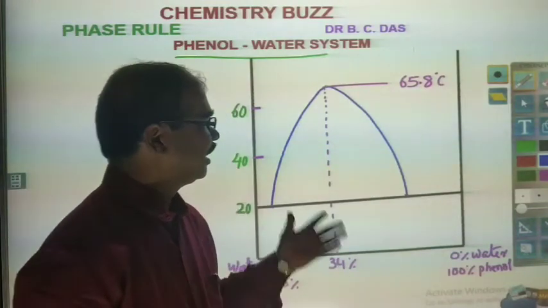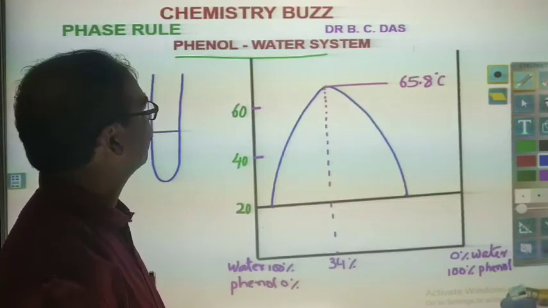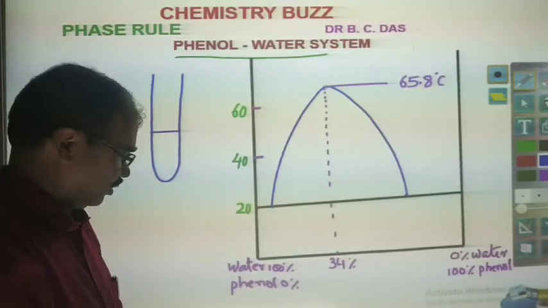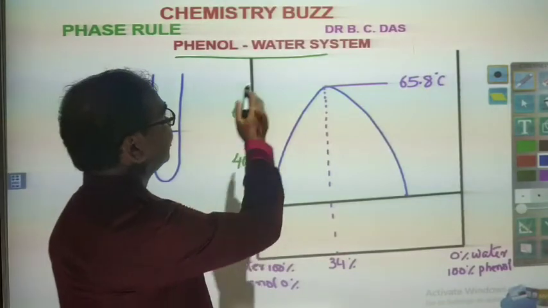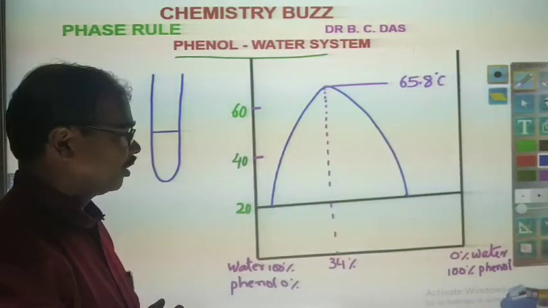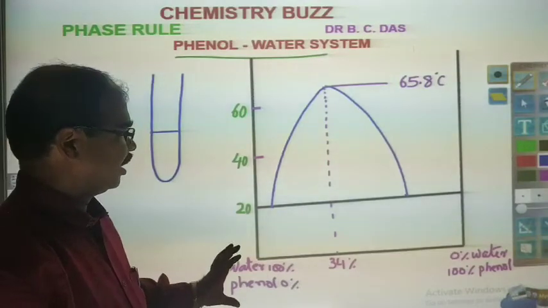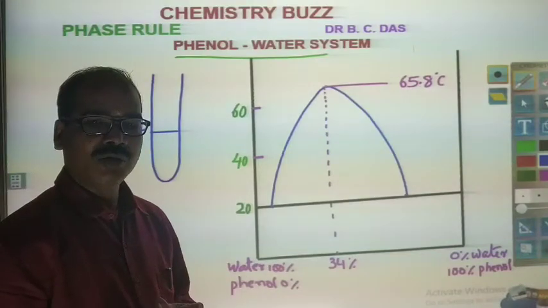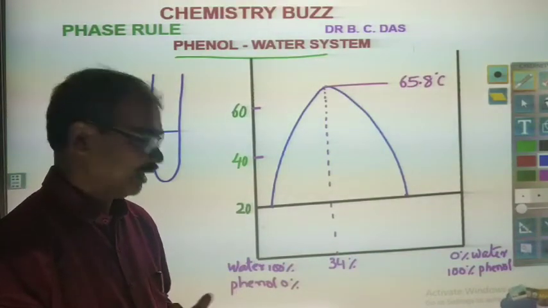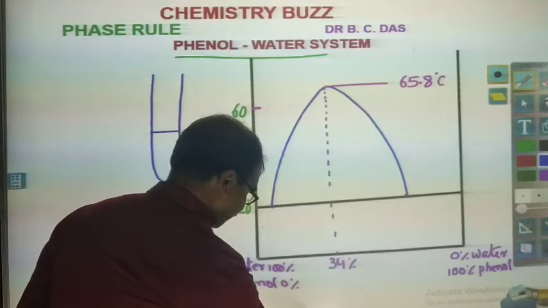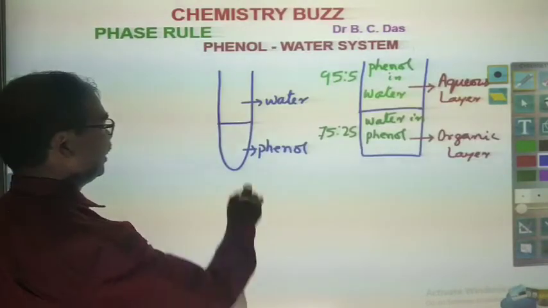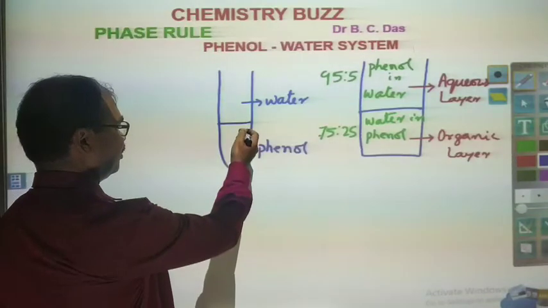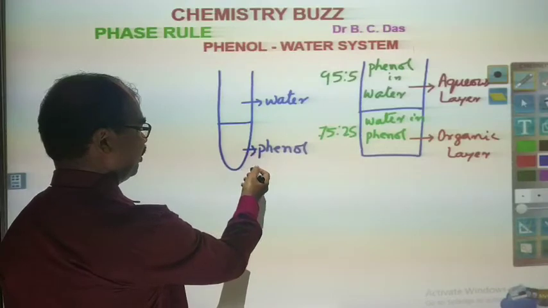Okay, but in this case, phenol water system, you will see the effect of temperature on the partial miscibility. That means if the temperature is raised, then the miscibility of the two liquids will be increased. Suppose we have taken phenol and water, then in the container two layers will be formed.